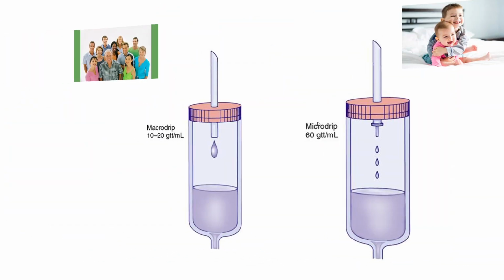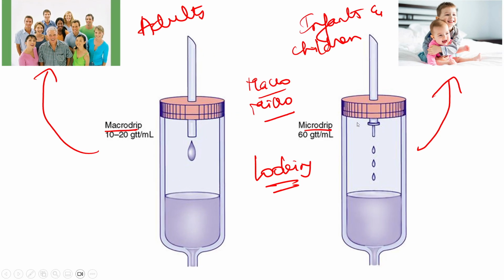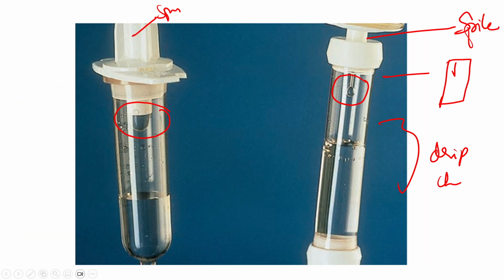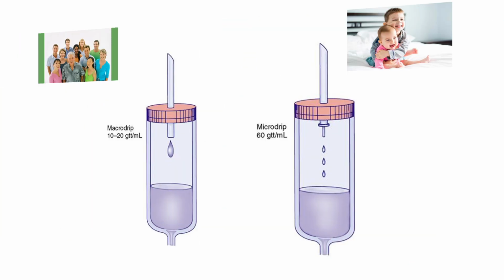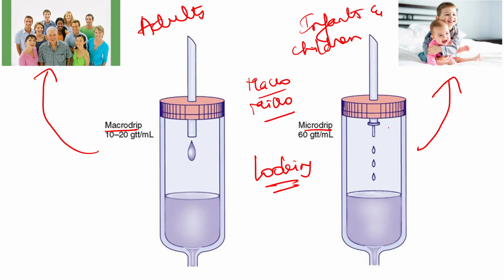Inside the drip chamber, the micro drop set has a small pin type model, whereas in the macro one you will find a big plastic type.